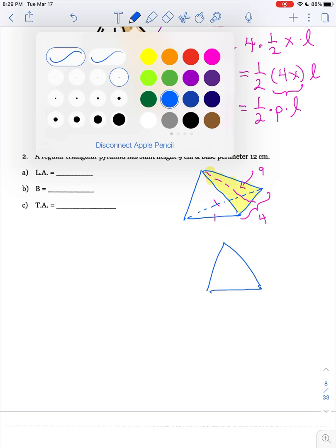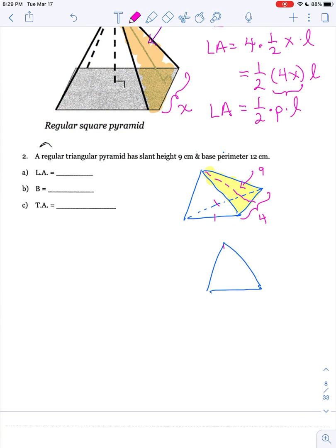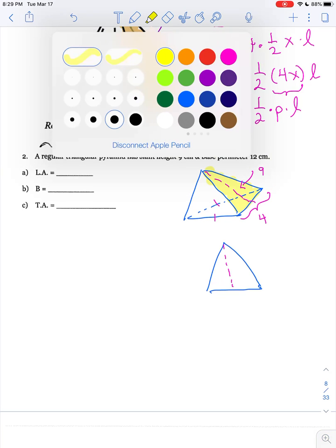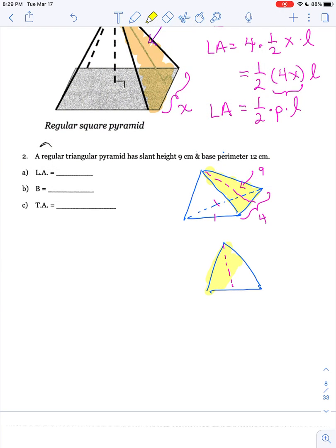Okay, and what we're trying to figure out is this slant height, and I'm going to go ahead and color code it so that this is all yellow. So that's what I'm trying to figure out. So what I do know is that this length right here is 2, half of 4, and that this slant height was given to me as 9.